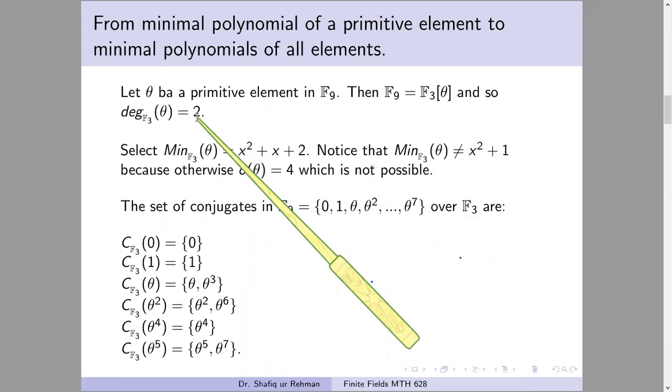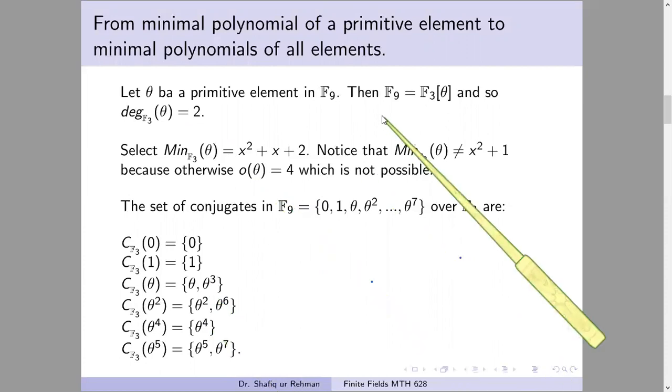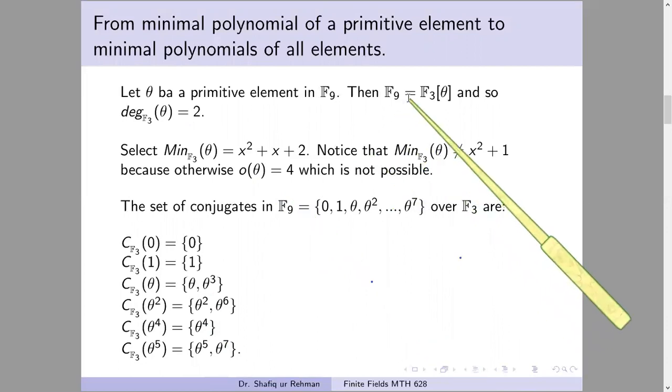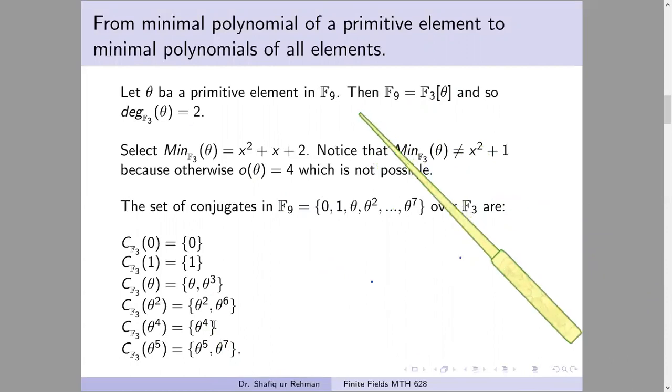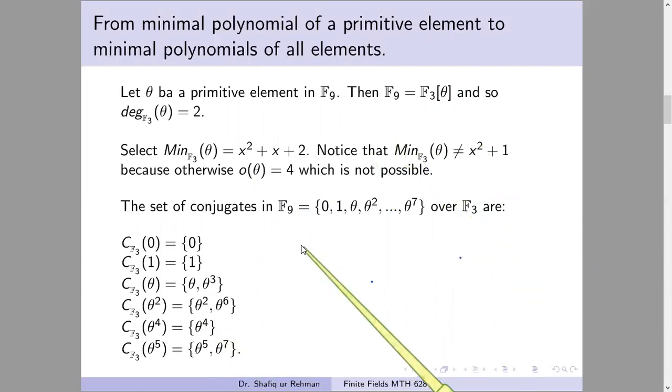Maybe some element is a defining element and it is not primitive.